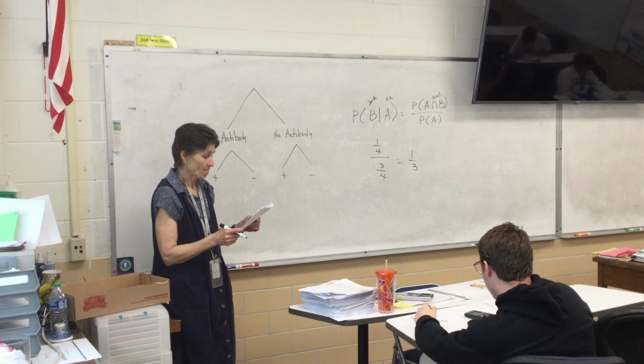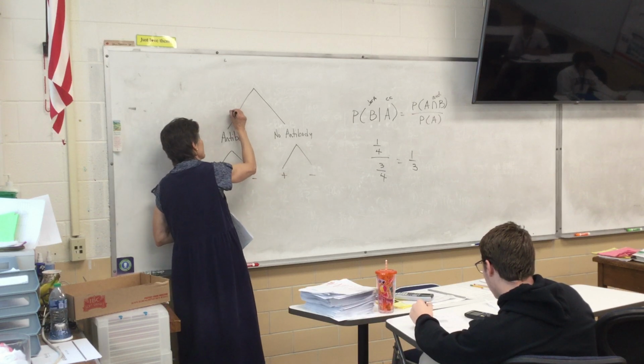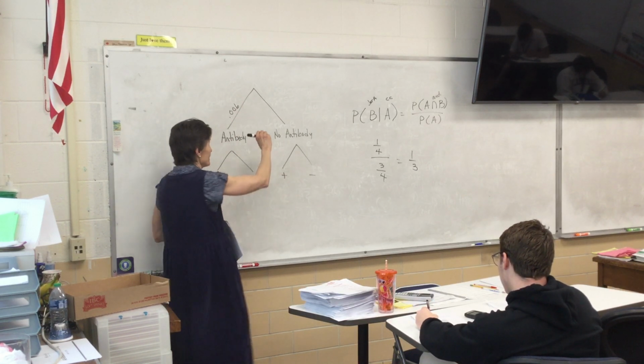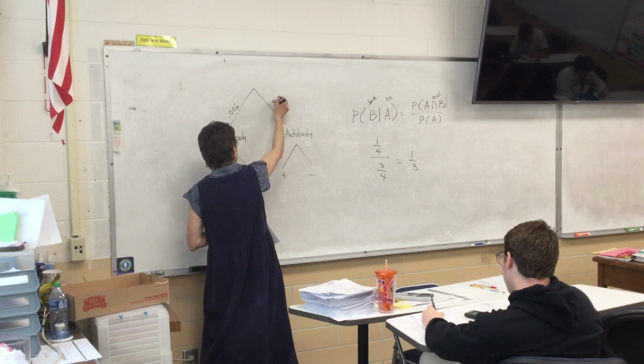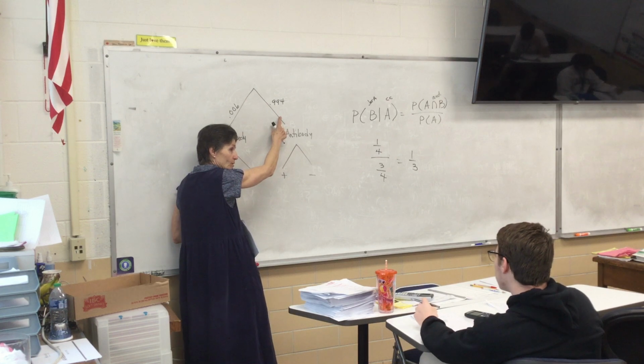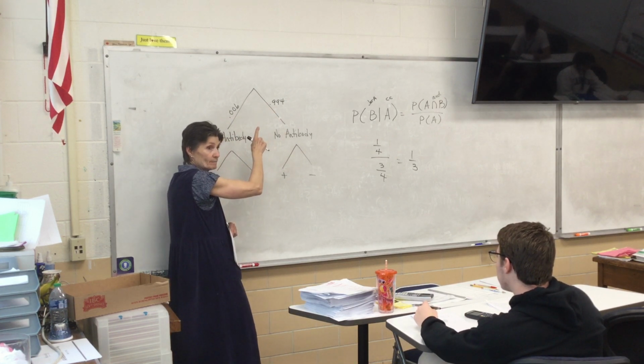Tells you in the problem. Exactly. So I have the antibody 0.006. Not having the antibody then would be 0.994. Remember, you either have it or you don't. There's no other option. So these have to add up to 1.